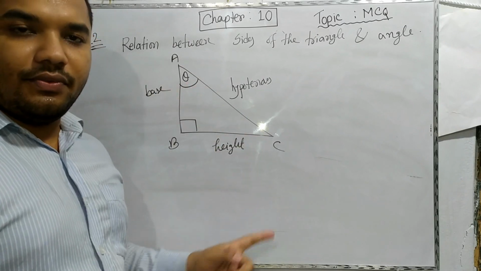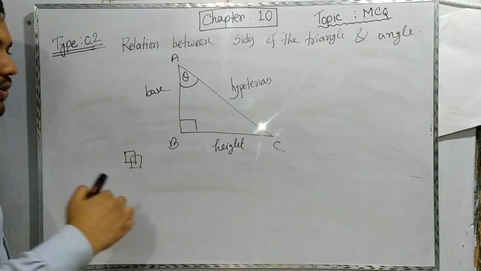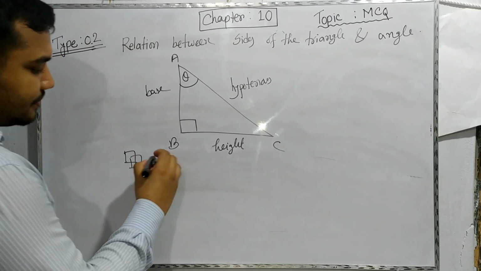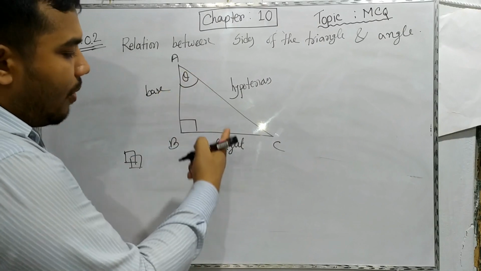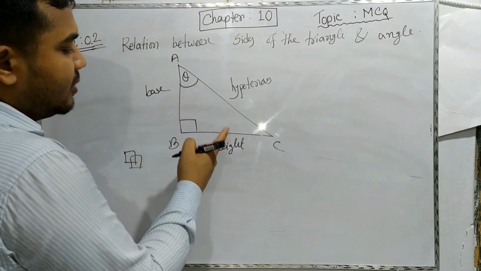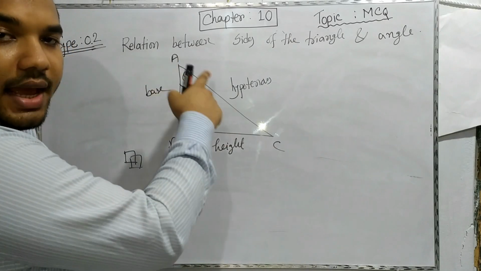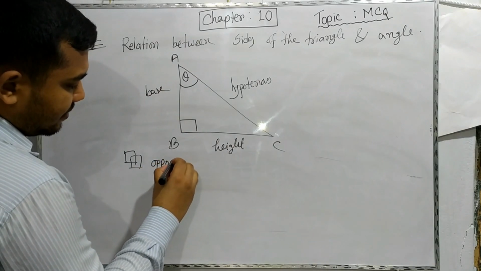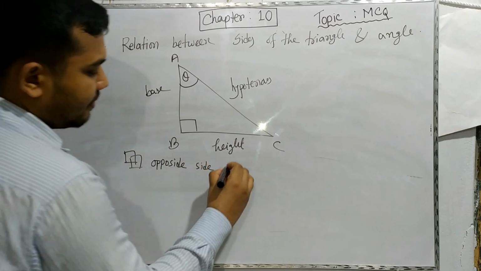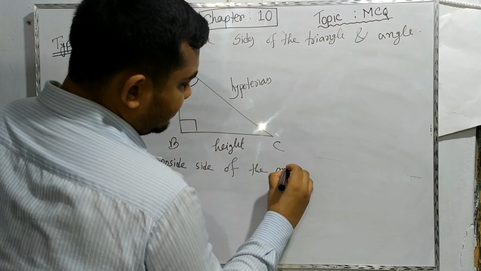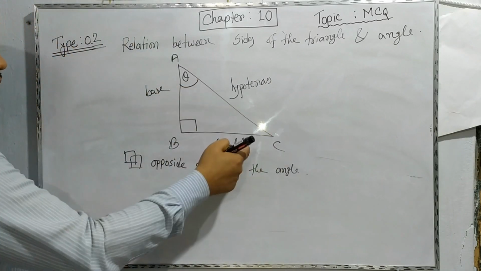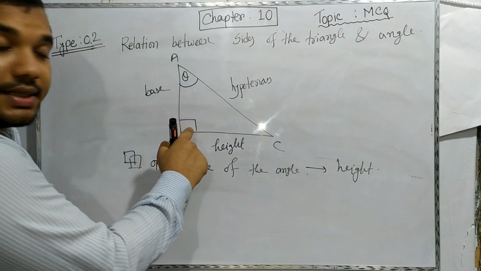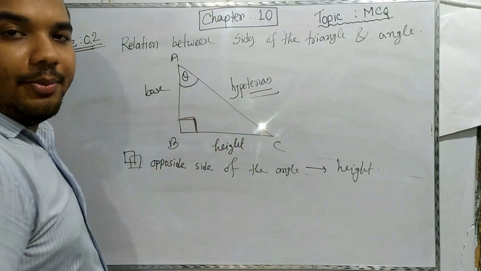Okay, so that was the relationship between the angle and the sides. It's a very important fact. So in a nutshell, we can go through some rules in this part: the opposite side of a triangle respective to the angle is called the height, and the opposite side of the 90-degree angle is called the hypotenuse.